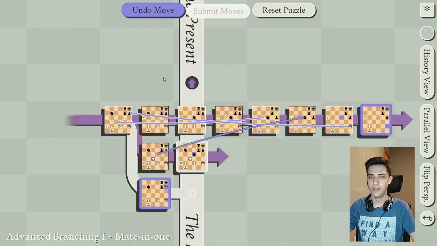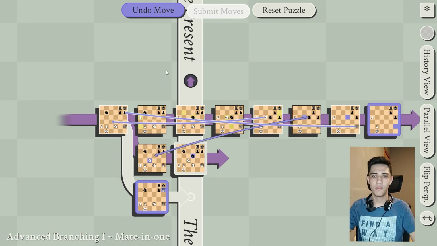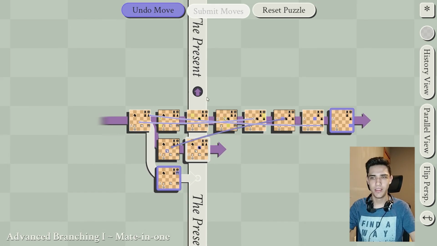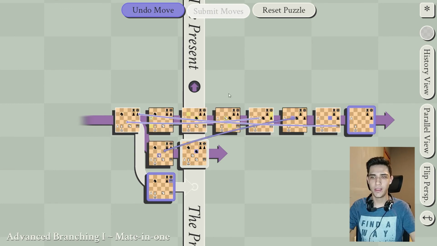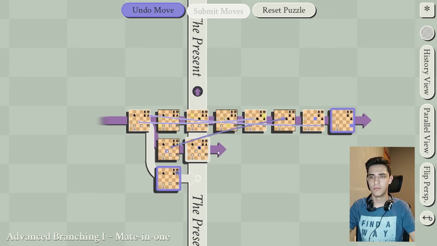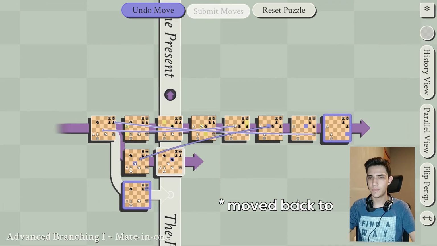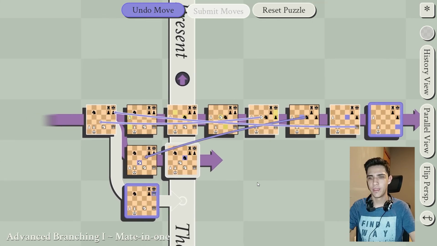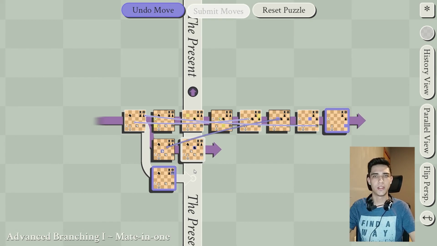And later the black pieces made a move and brought it to here. So when you create a branch, the present line goes back to the board where you created the branch. So why didn't the present line go here? It's because you can only move the present line one time in a row.